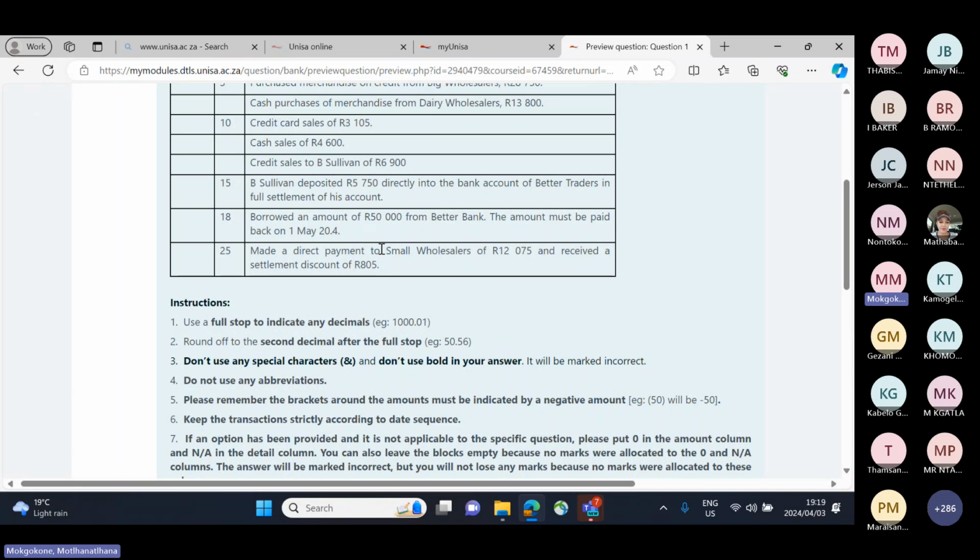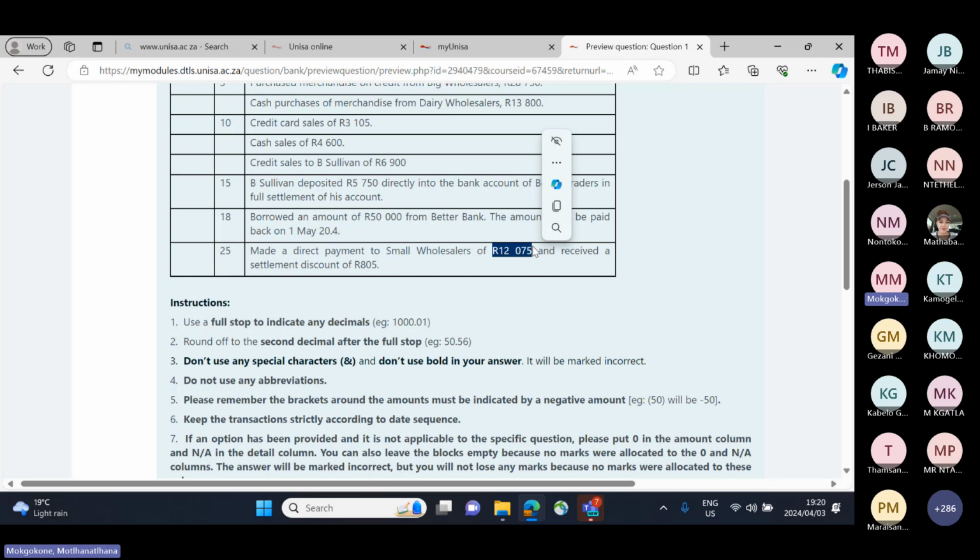The first one happened when we purchased on credit from small wholesalers. The day we purchased on credit, we accounted for VAT input on the full amount of 12,075.